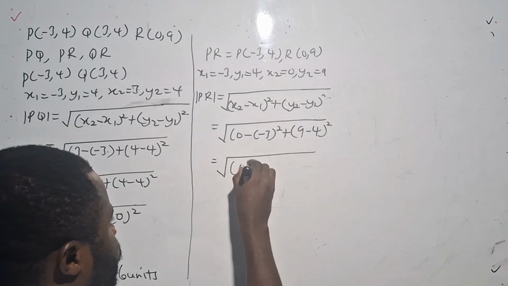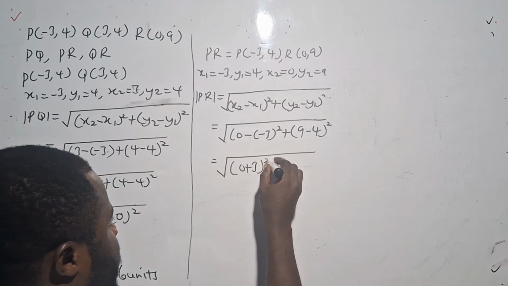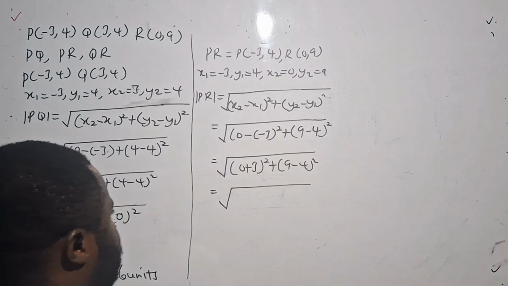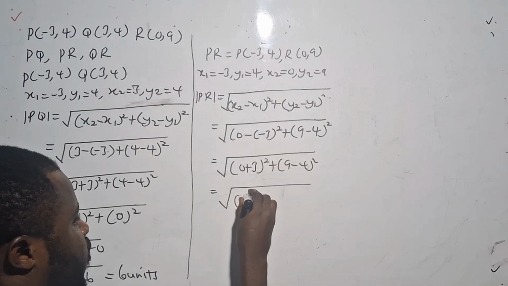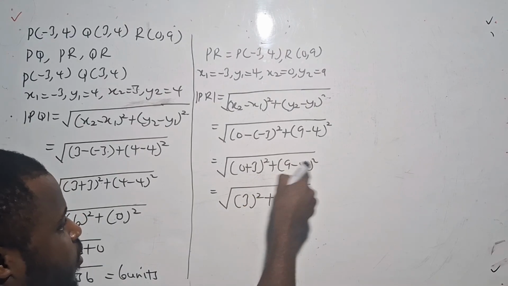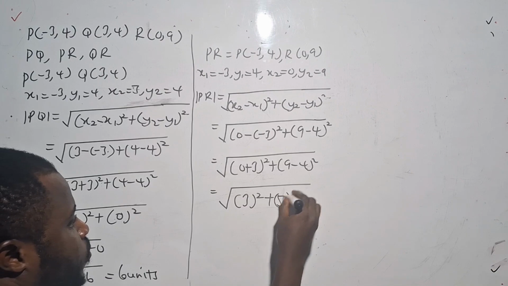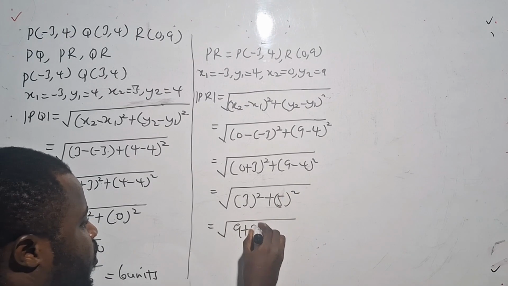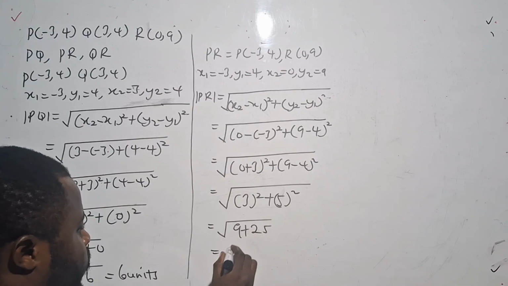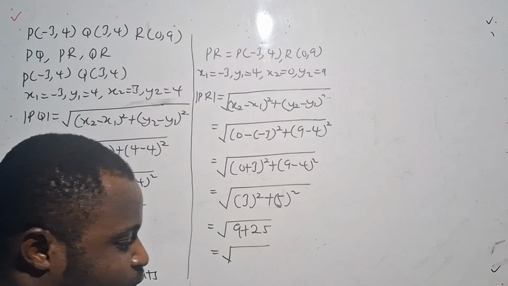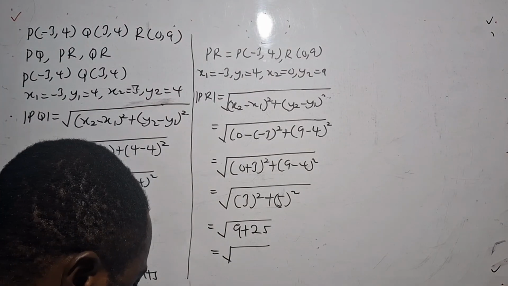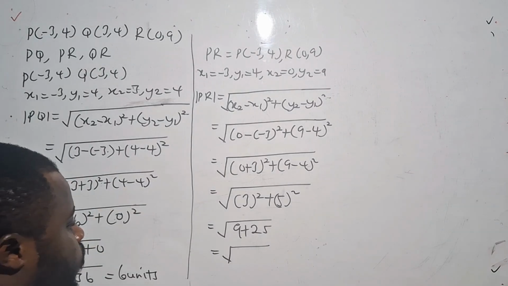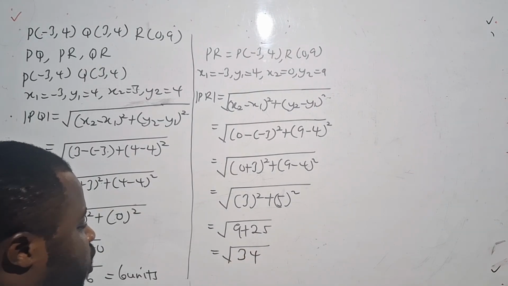So here we have 0 plus 3 squared plus 9 minus 4 squared. So this will give me 3 squared plus 5 squared. So we have 9 plus 25. So now follow closely. We have our 9 plus 25, which will give me 34.